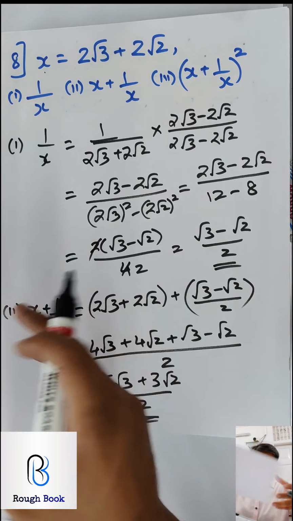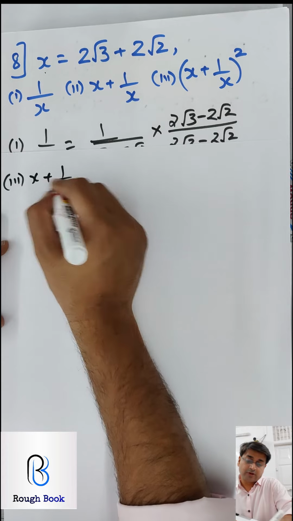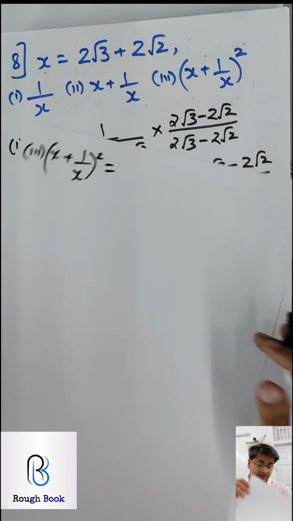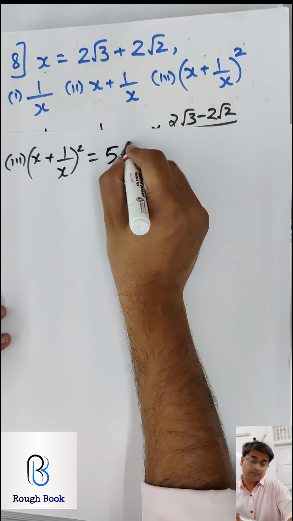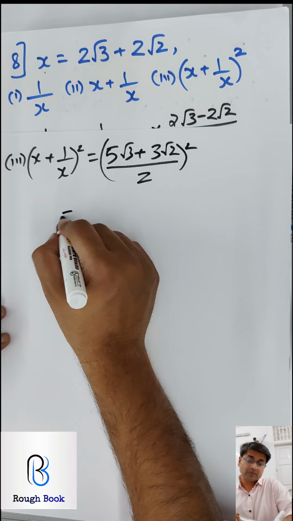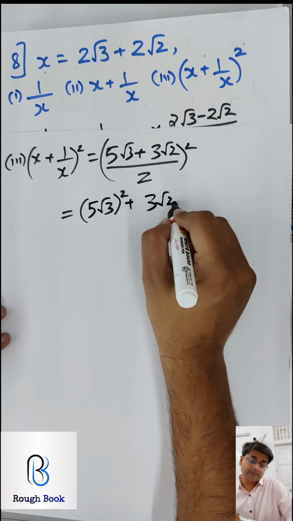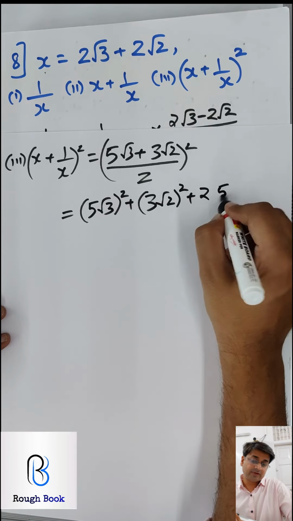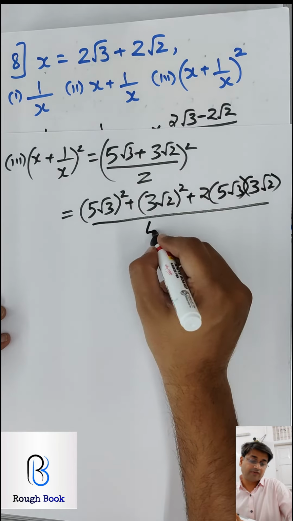So part 3, x plus 1 upon x the whole square is equal to this one, 5 root 3 plus 3 root 2 upon 2 the whole square. So a square plus b square plus 2 times ab, 5 root 3 times 3 root 2 upon 4.